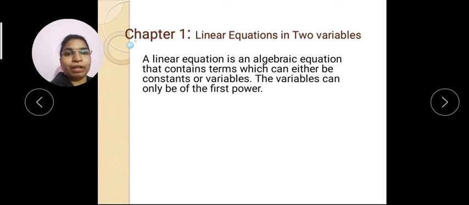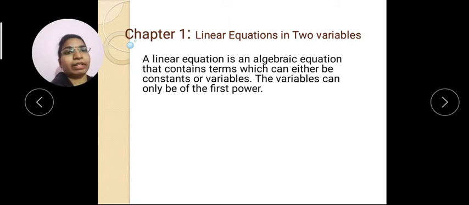So on the basis of degree of polynomial, we learned a linear polynomial. Linear polynomial means a polynomial which has a degree 1. Every term which has a degree 1 is called a linear polynomial.